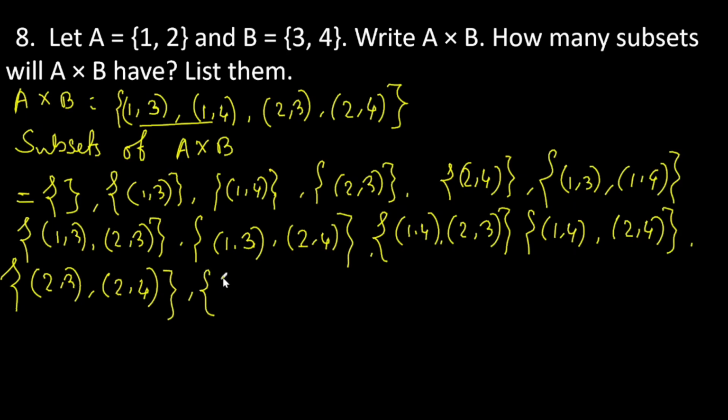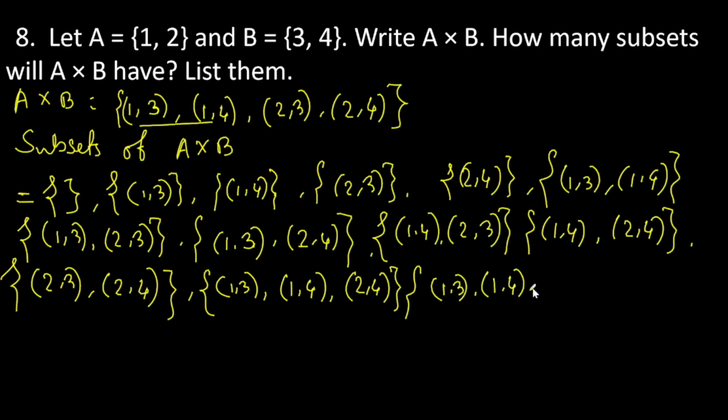Next, the sets containing 3 elements. So (1,3), (1,4) and (2,4). Next, (1,3), (1,4) and (2,4). Next, (1,4) is done. (1,4), (2,3) and (2,4).